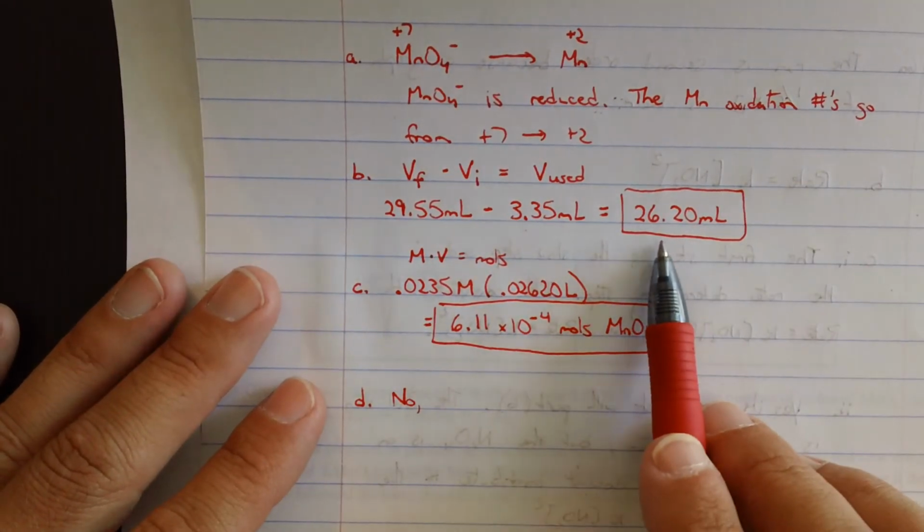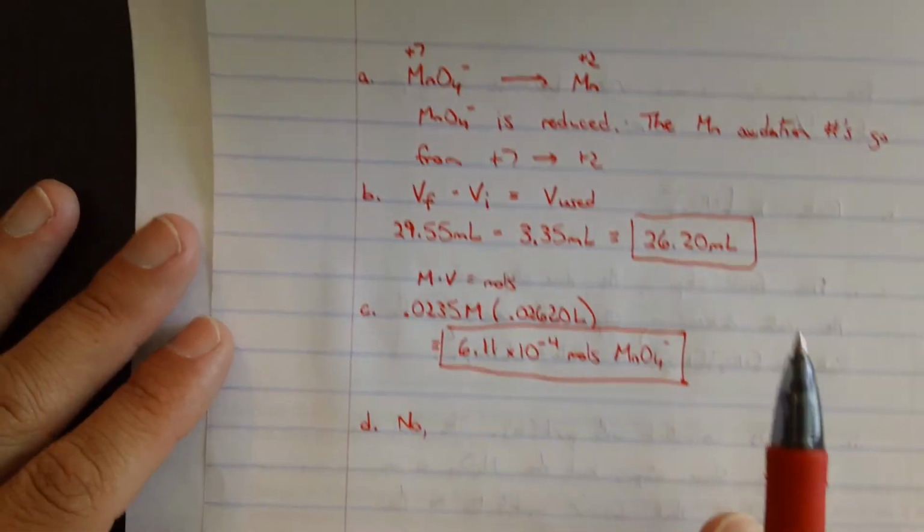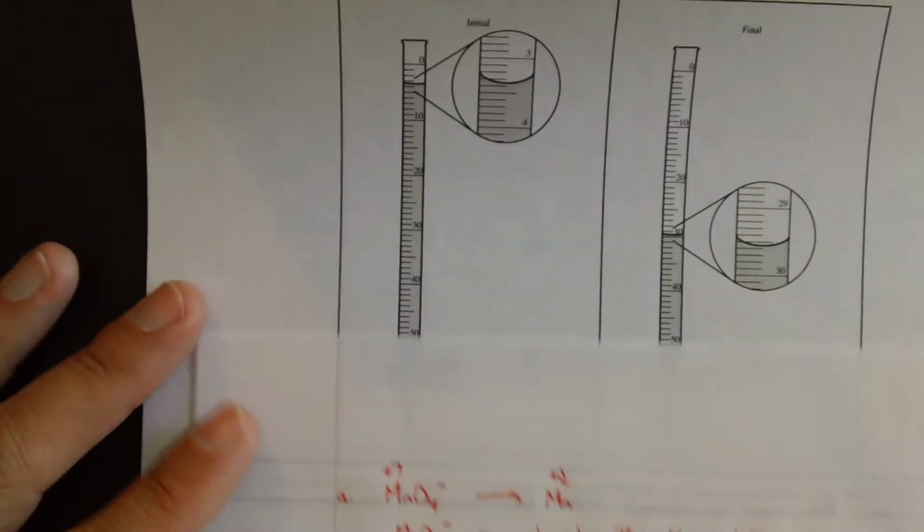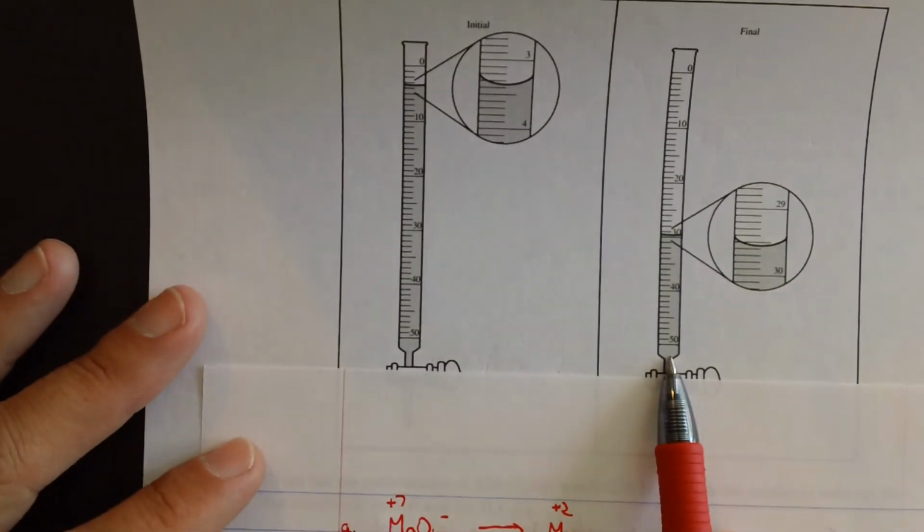And so we would need 400 milliliters of that solution in order to find the equivalence point. The problem is our burette only holds 50 mL of solution.